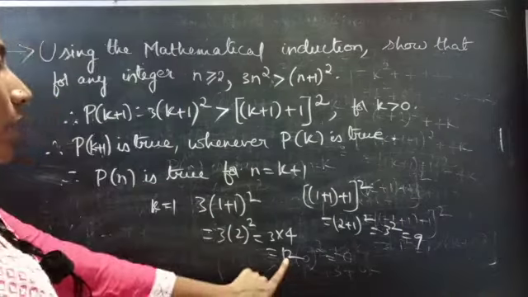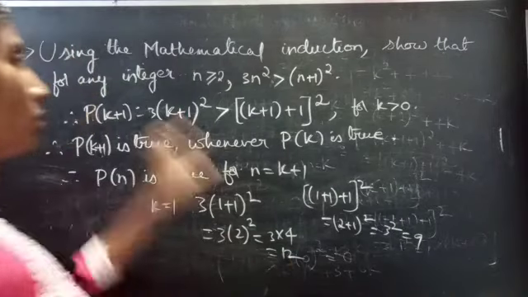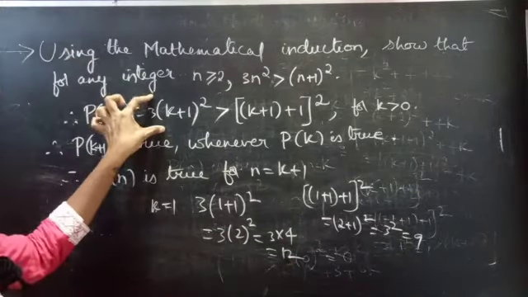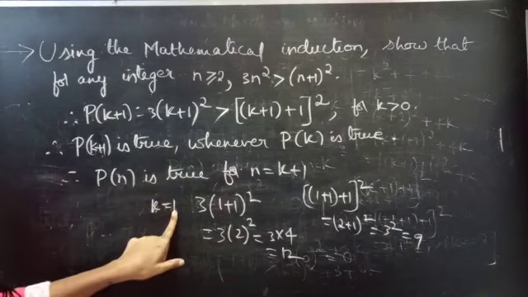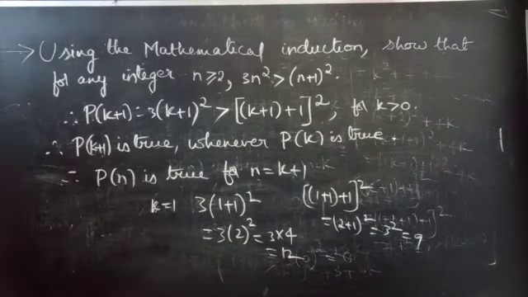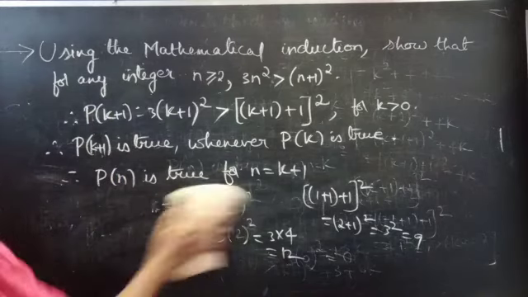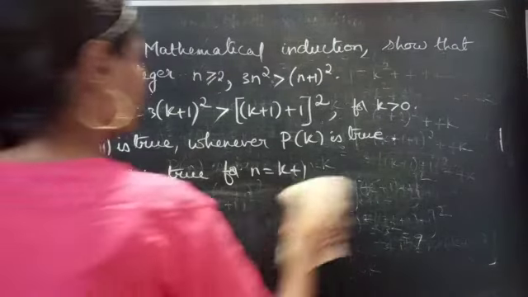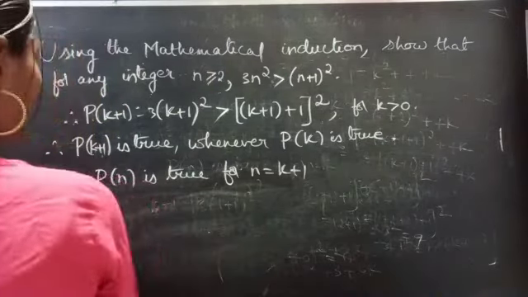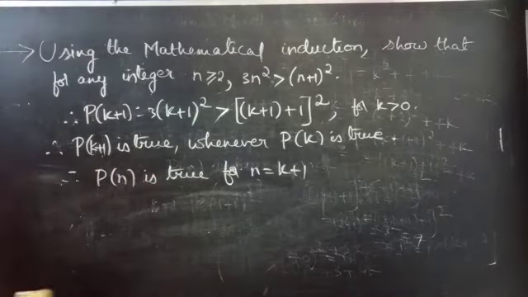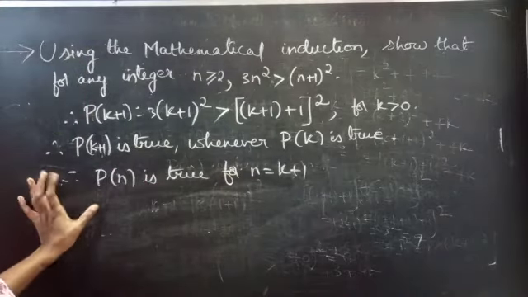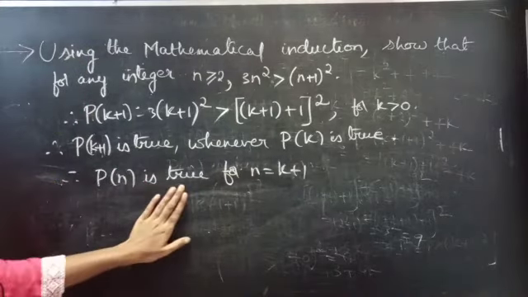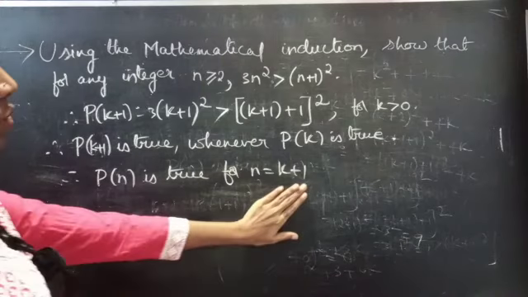It's clear that 12 is greater than 9. Okay. So the statement satisfies when k equals to 1. Right? Fine. Okay. So therefore, P of n is true for n equals to k plus 1.